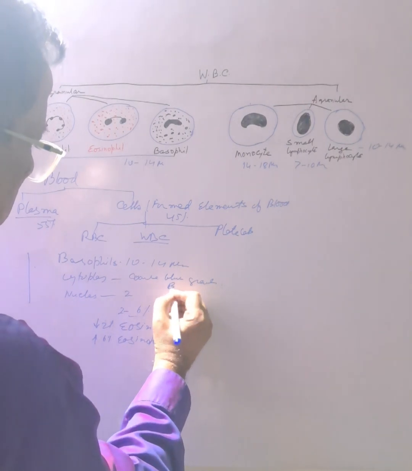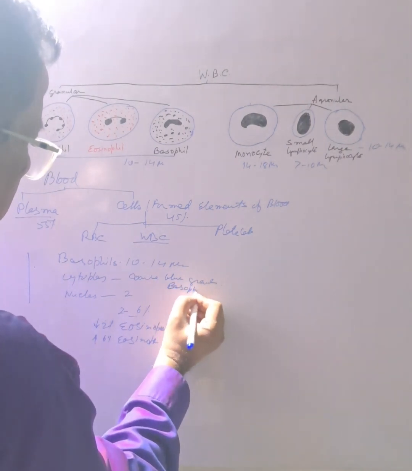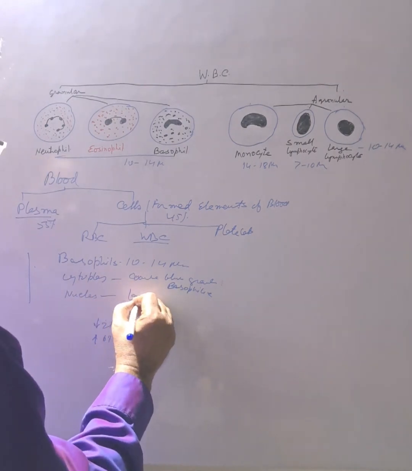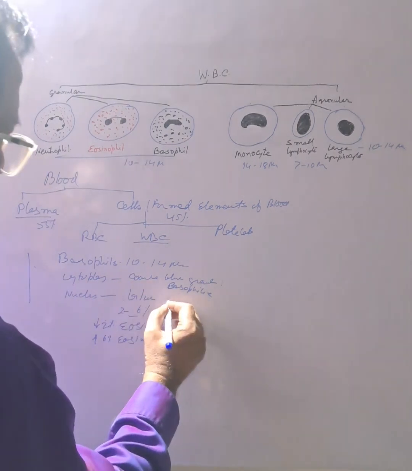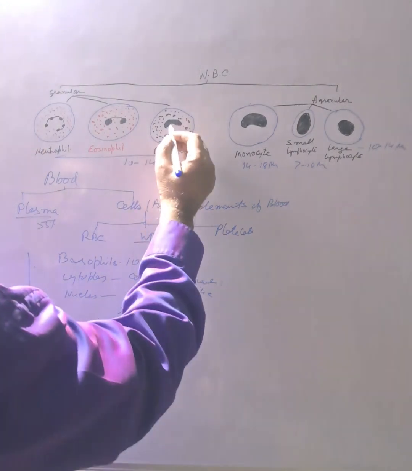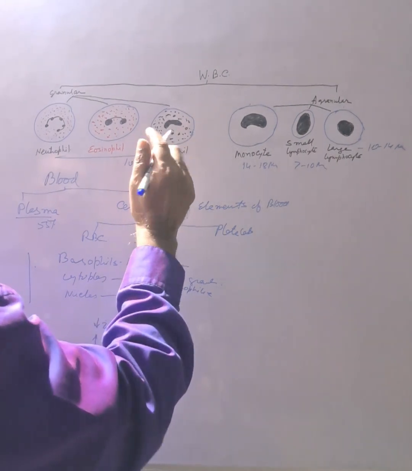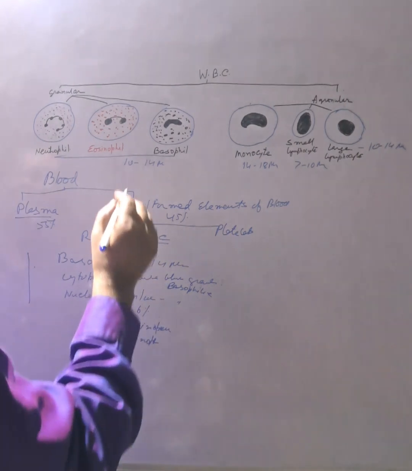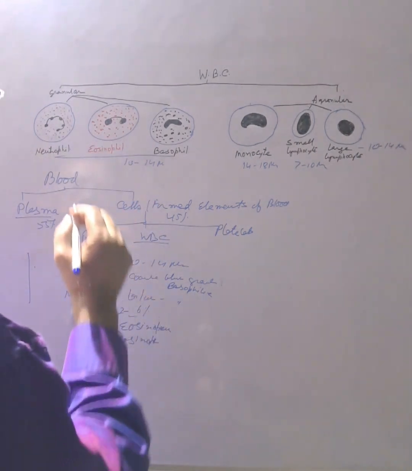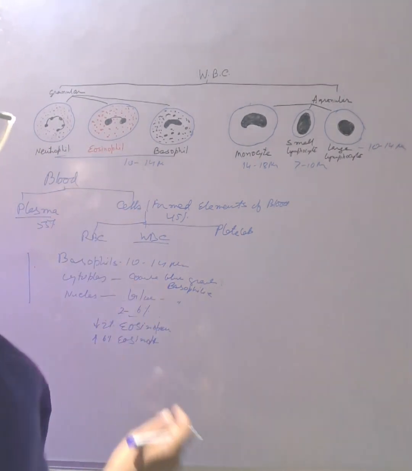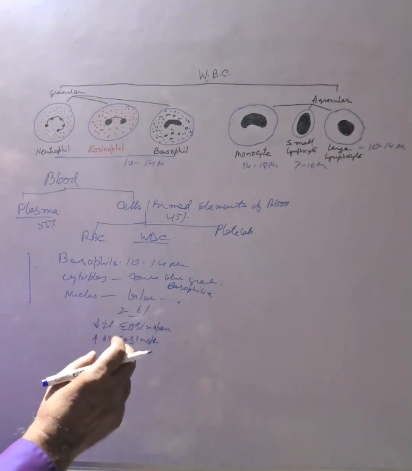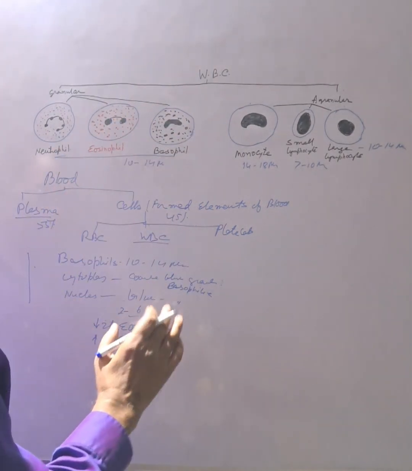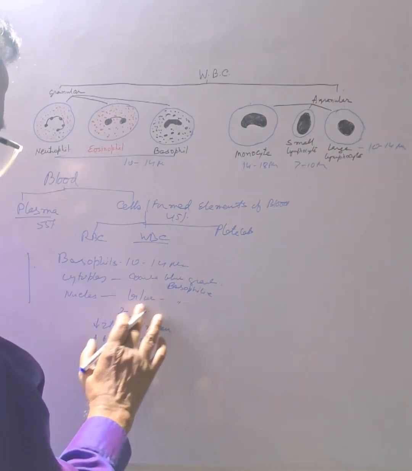The nucleus is also bilobed, but slightly different from that of eosinophil. The granules of basophil cover the nucleus incompletely.